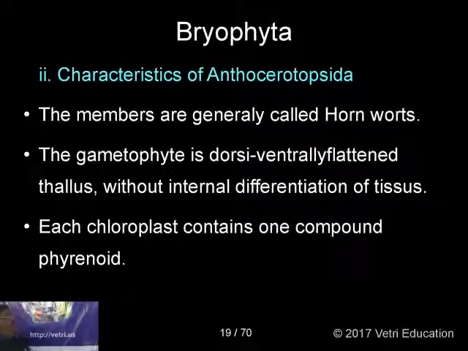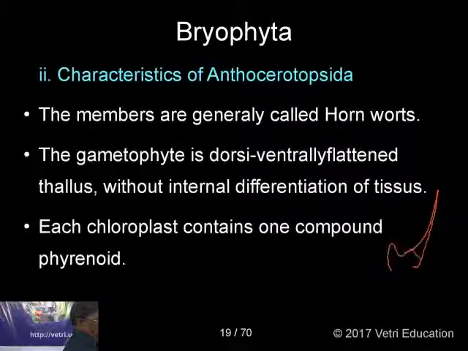Okay. So next you can go to the next class, that is Anthocerotopsida. In the Anthocerotopsida, the members are generally called hornworts. As I told already, the sporogonium is a horn-like structure on the thallus, so these are called hornworts.